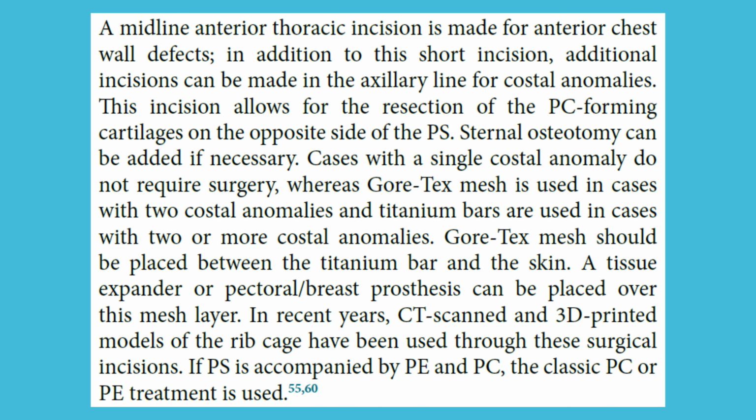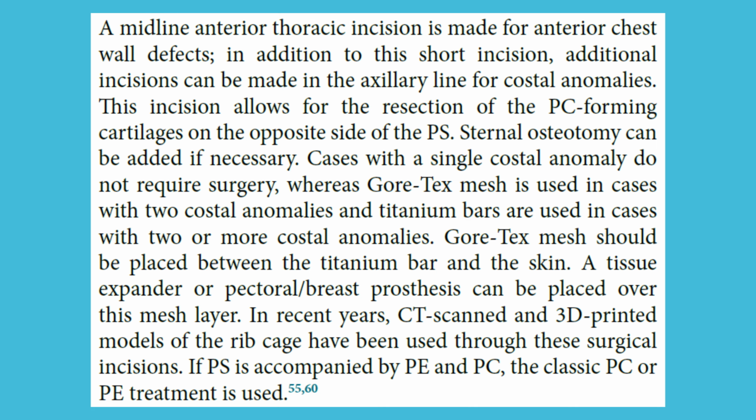A midline anterior thoracic incision is made for anterior chest wall defects. In addition to this short incision, additional incisions can be made in the axillary line for costal anomalies. This incision allows for the resection of the PC-forming cartilages on the opposite side of the PS. Sternal osteotomy can be added if necessary.